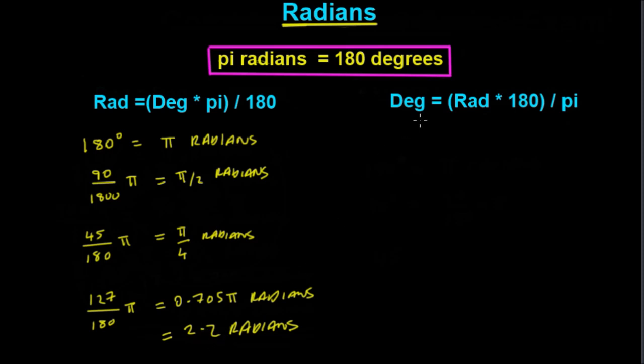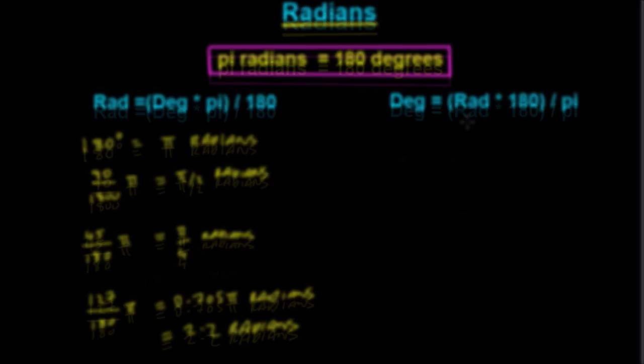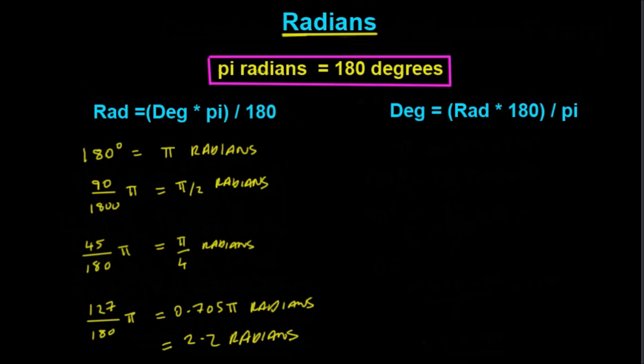So let's go ahead and have a look and see what we do whenever we're going from radians to degrees. So again, we can start off with pi radians is equal to 180 degrees. So if we were to look at, say, pi upon 2 radians, we'll follow this routine here.